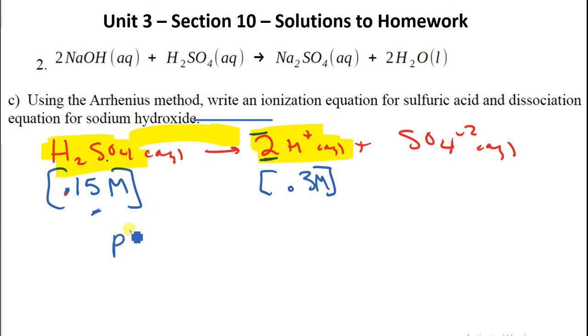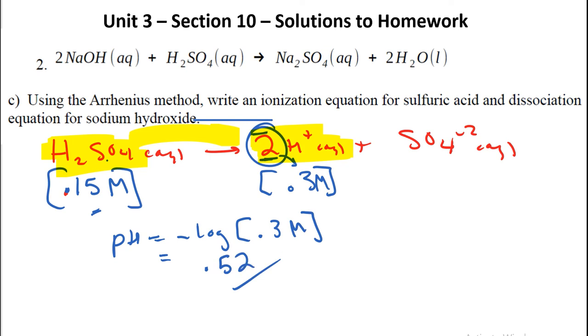So when we do our pH formula here, negative log, we actually do need to do it of 0.3 molar because there were 2 hydrogens here. We double our concentration. If there were 3, we'd triple it. If there were 4, we'd quadruple our number. And when you do the negative log of that, you get 0.52. And that should be in our acidic range, and that one's good to go.